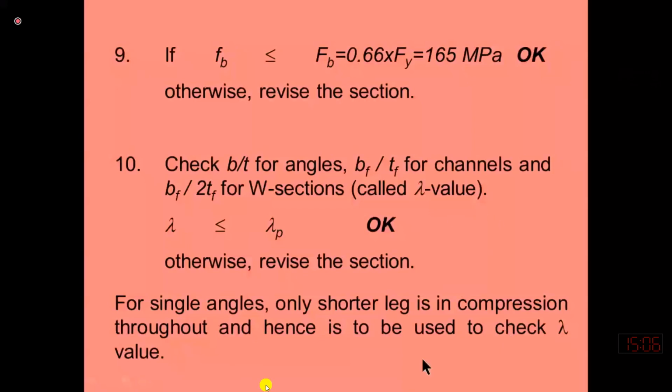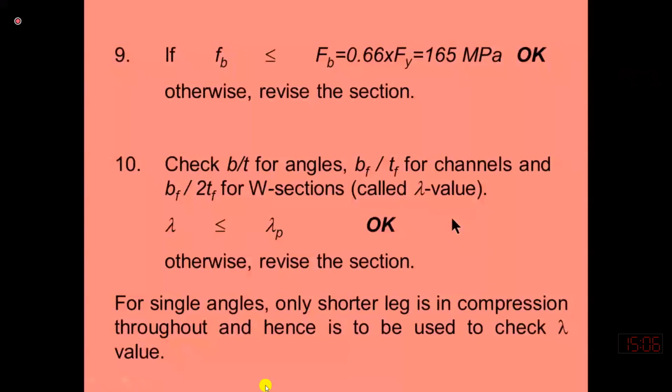So we check the b over t ratio of the shorter leg in case of the angle section. But in case of the channel section, lambda is equal to bf over tf. And for the W section, lambda is equal to bf over 2tf. We will also discuss this in detail in our compression member design.